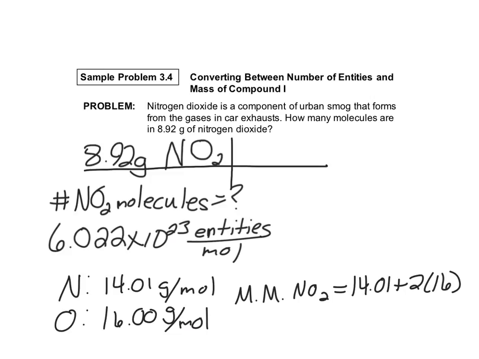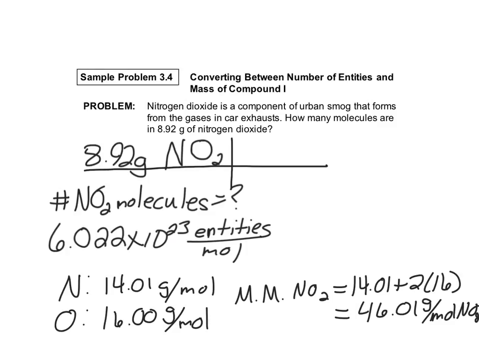Because I have two oxygen atoms. So let's see, what's that going to equal? 14.01 plus 2 times 16, or 32, right, is 46.01 grams per mole of NO2.